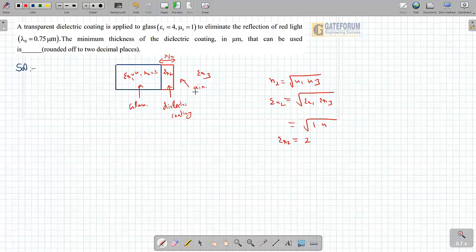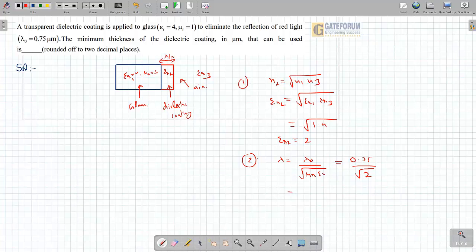First thing. Second thing is, since it has to match the impedance, here the lambda naught. So this is the first part. We have to use epsilon r2 in getting the thickness. So the lambda is going to be lambda naught upon root of mu r epsilon r2 in this region, right? So that will become 0.75 by root 2. So I can write this as 0.75 into 0.707, 0.53.